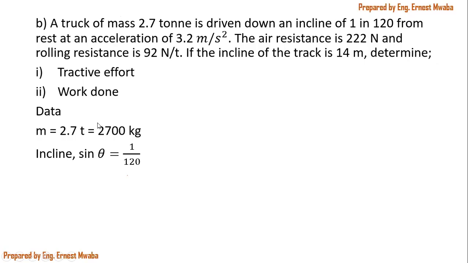Then one thing you'll notice is that when we say an incline, we normally compare two things. Let me just quickly make an illustration. We normally say, for instance, this is my path. That's the height. And of course, this is the horizontal side.